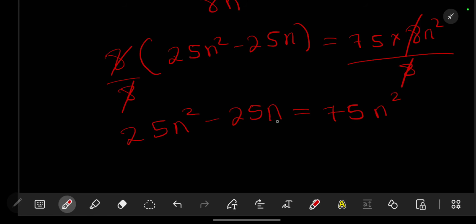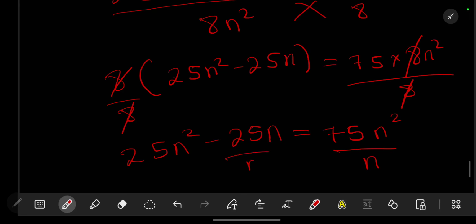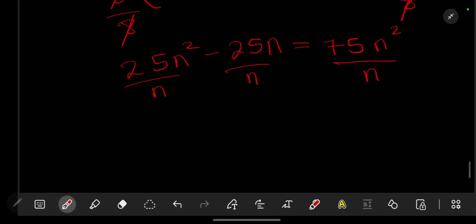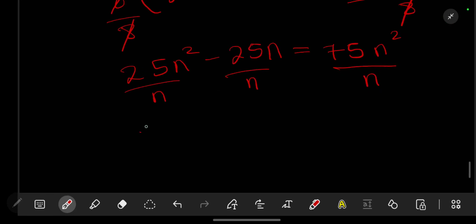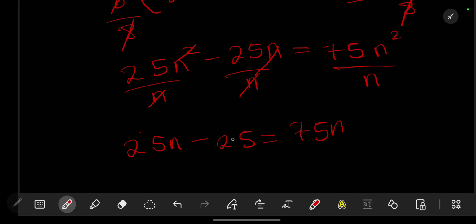So all of them have got n, so you can divide n throughout, so that this becomes 25 n minus 25 should be equal to 75 n.